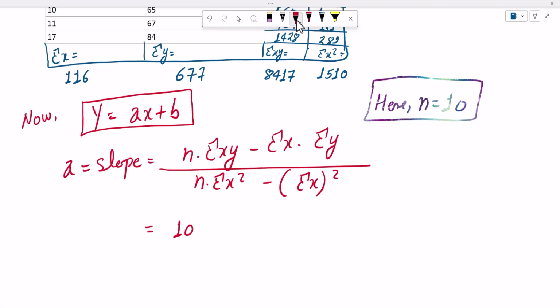So now 10 into summation of xy, summation of xy means 8417, right?